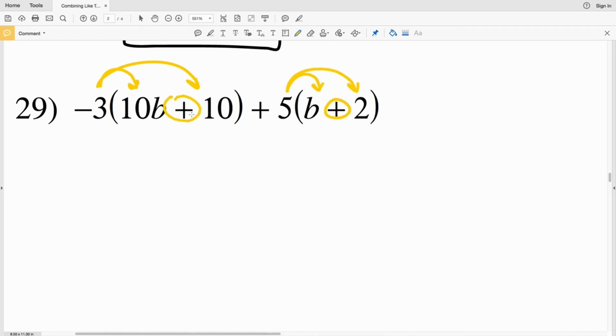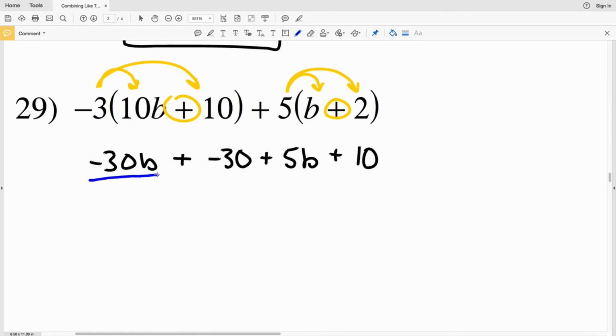Distribute the negative 3 and distribute the 5. An addition is between each of those terms. Negative 3 times 10b is going to be negative 30b, plus negative 3 times 10 is negative 30. And then we're going to add 5 times b, which is 5b, plus 5 times 2, which is equal to 10.